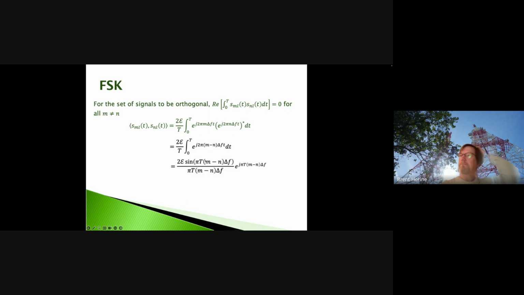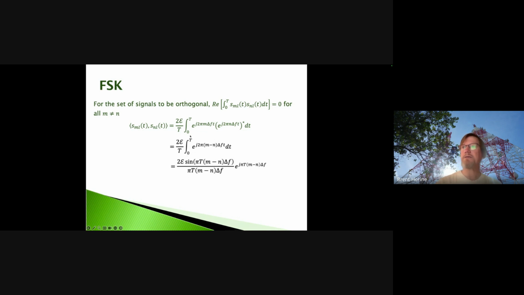I'm not going to go into all the details, but if you integrate this, you end up with the sine of an argument over the argument. You've surely seen this form before in your signals and systems course, looking at the Fourier transform of a rectangular function, which is really what this is.